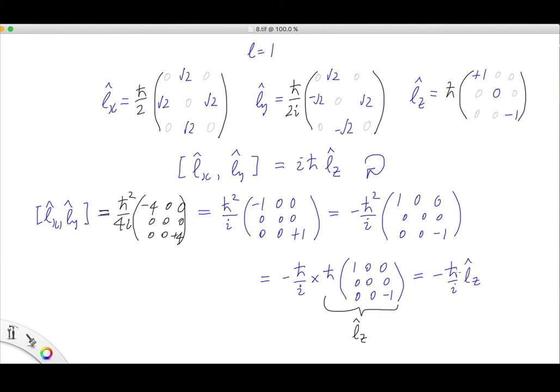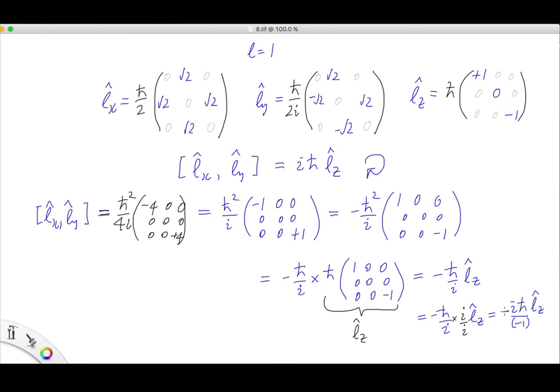Now whenever one has an expression in which i appears below the divide symbol, there's a trick one can always use, which is to multiply by i both above and below the line. i divided by i is just 1. So since i squared is minus 1, this evaluates to minus i h bar Lz divided by minus 1.